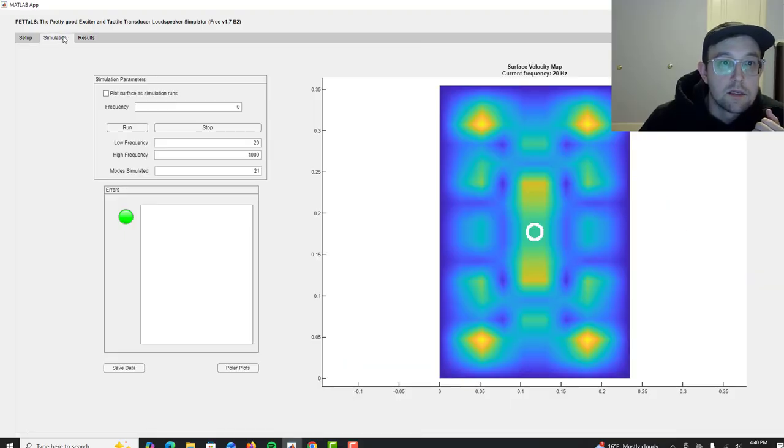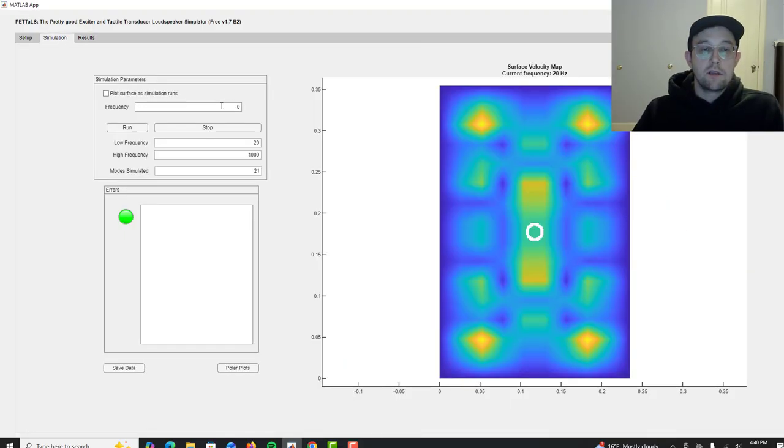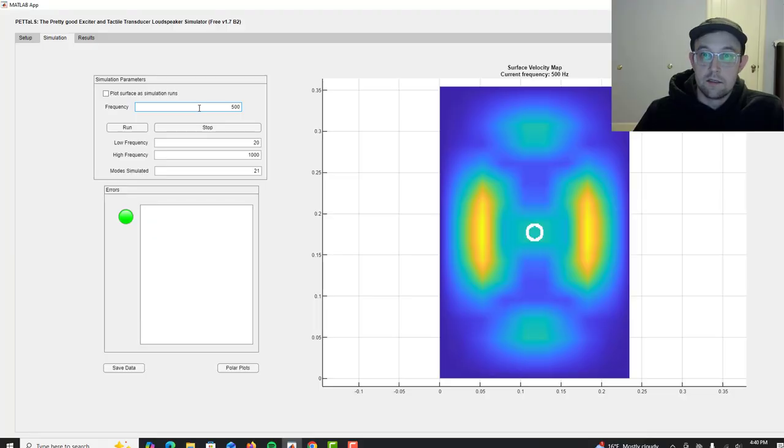So what next? When you're done running the simulation, now I'll admit this is not super clear right now, but when you're done running the simulation, you can go up to this frequency entry box and enter in any frequency you want, and you can see what the vibrational pattern looks like.